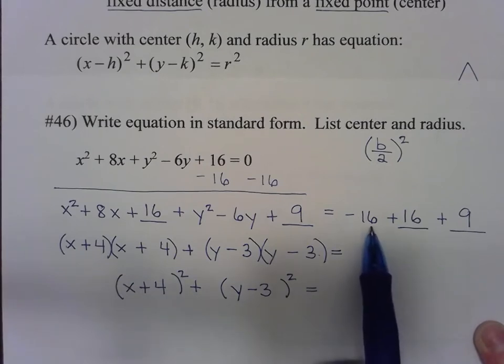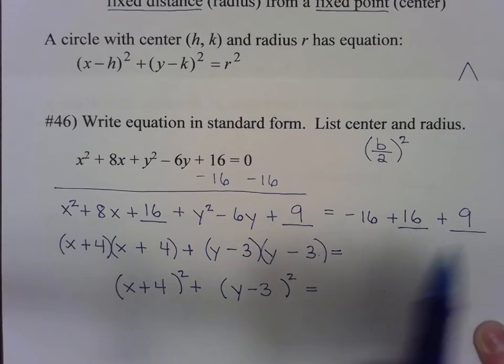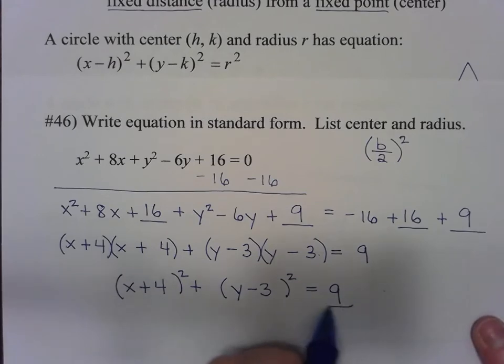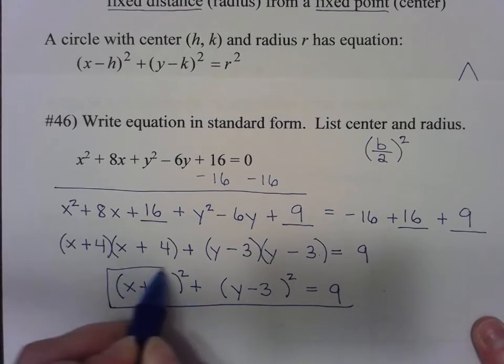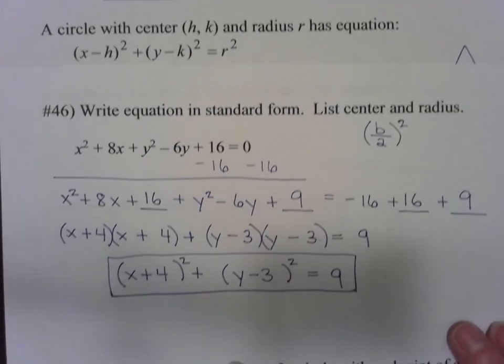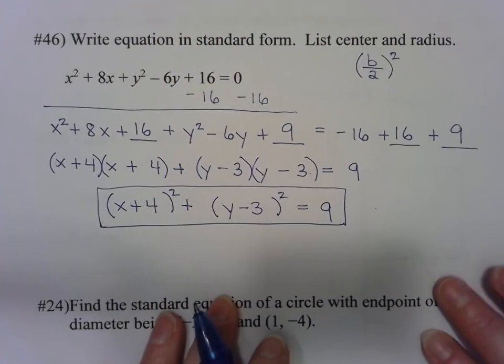On the right-hand side, I'm going to add all these up. Negative 16 plus 16 will be 0, plus 9 is 9. So this is my equation in standard form. What would be the center and the radius?